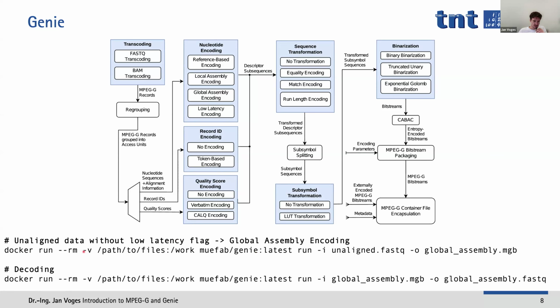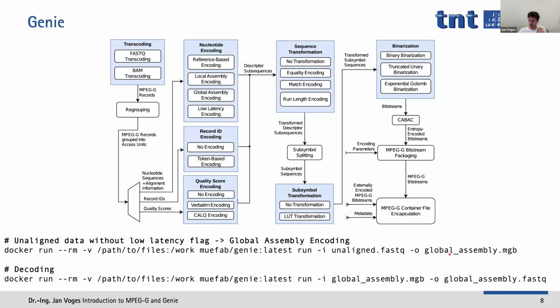So what you see here is we are using a Docker image from Docker Hub. And we run our tool, we specify which working directory we want to mount to the Docker container. Then we run the software with the latest tag from Docker Hub. We give it an input file. This is just DNA sequencing data.